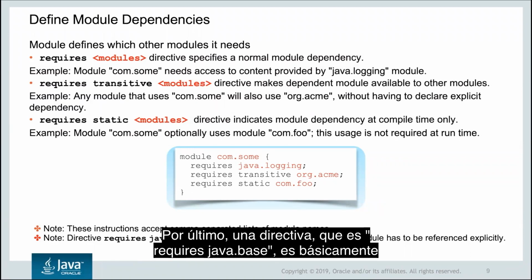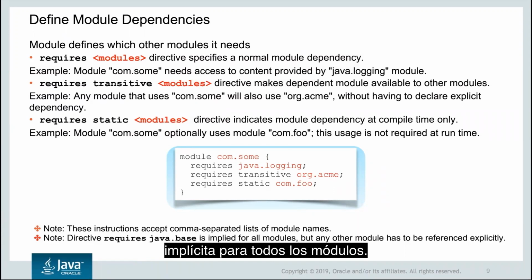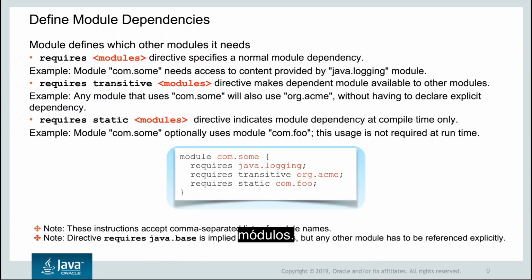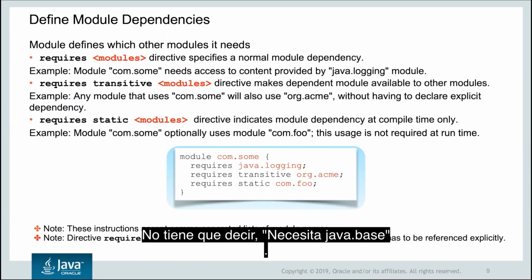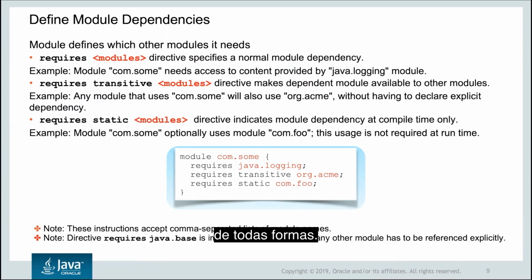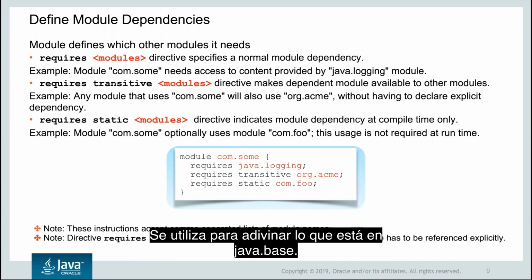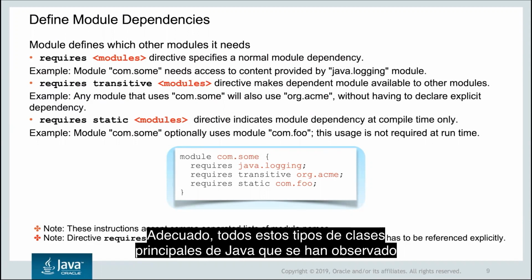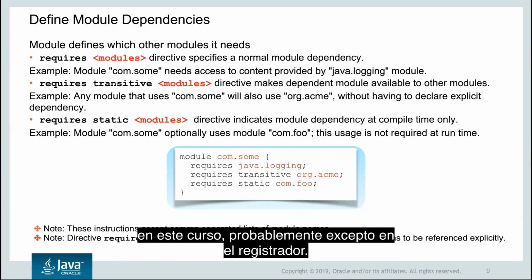Finally, one directive, which is requires java.base, is essentially implied for all modules. So there's this module, java.base, which is implied for all modules. You don't have to say requires java.base. It's implicitly present in every module anyway. And guess what is in java.base? Well, all of these core Java classes that we've observed throughout this course, probably except the logger.